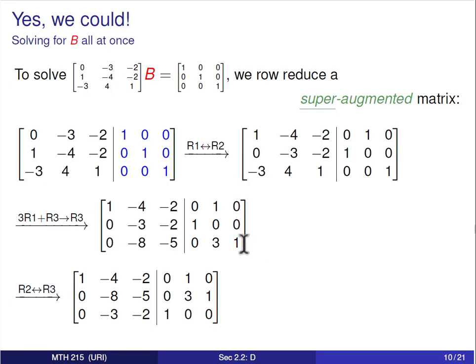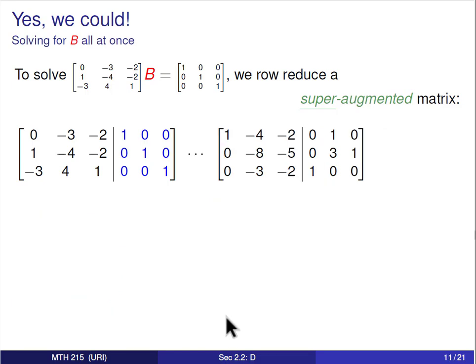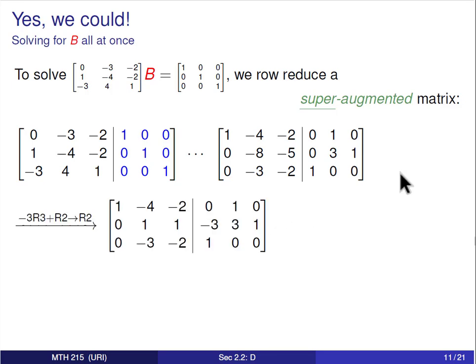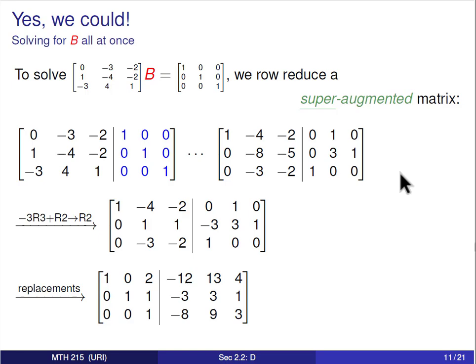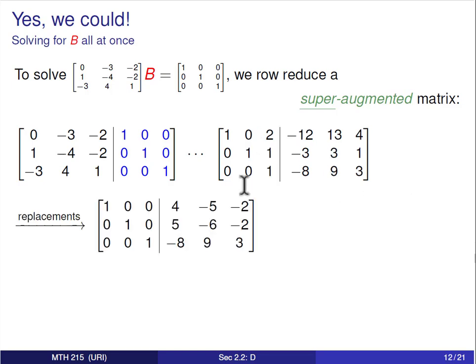If I do that, the right-hand sides just operate as you see there. And then carrying forward with our final reduction steps, we'll do our trick, we'll do the replacements, and then we'll do the one more replacement.